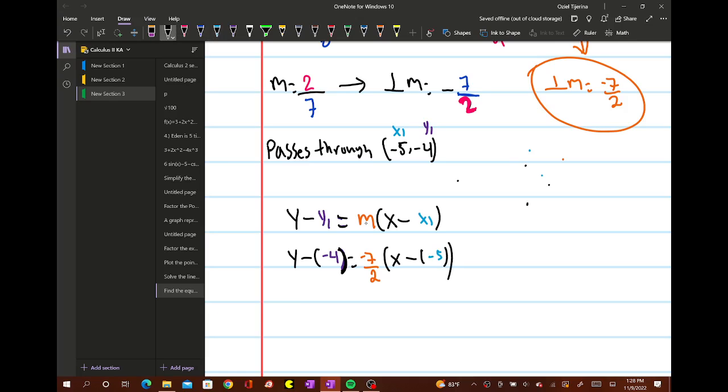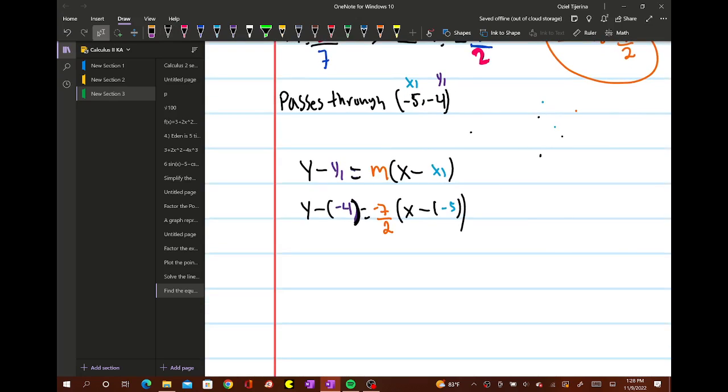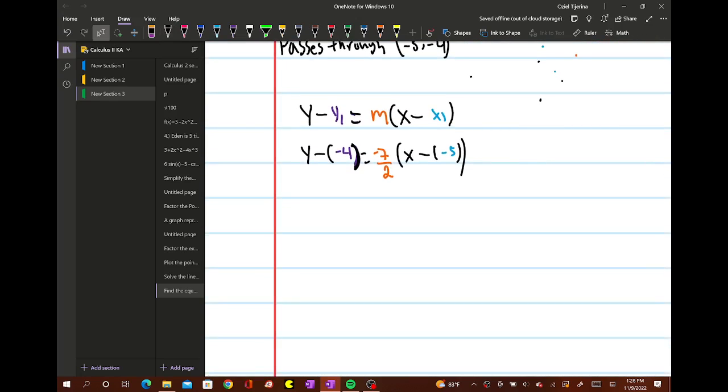If you wonder why I keep putting dots like that, it's because sometimes when I write with a different color, it doesn't switch as fast as it should. So then we have y plus 4, because the negative of a negative is positive, equals negative 7/2 times x plus 5, close parentheses.